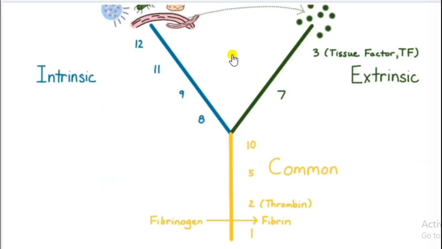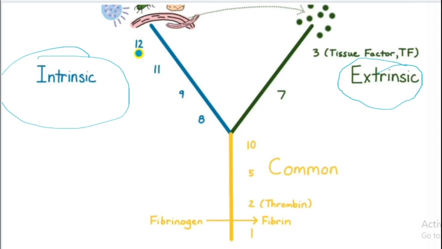So, coagulation cascade: this is the intrinsic pathway, this is the extrinsic pathway. Factor 12 becomes active first, then 11 is active, then 9, then 8. The factor common to both extrinsic and intrinsic is 10.